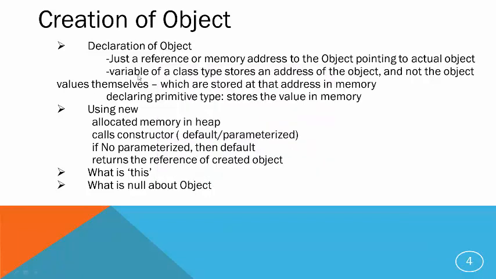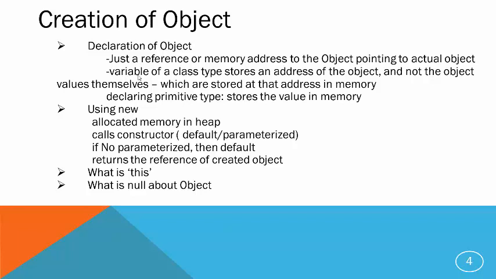So when we create the object, what is the declaration of the object? What happens when you create the instance of the class, that is the object? There is a little bit of difference, and I will talk about that.